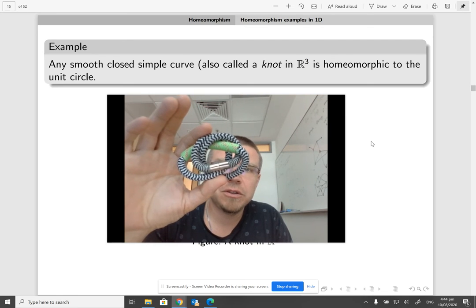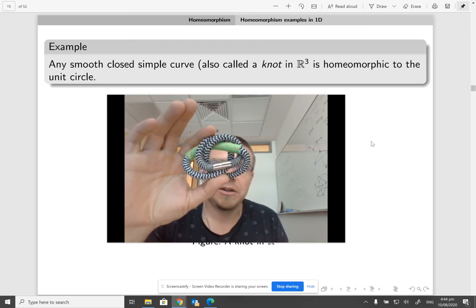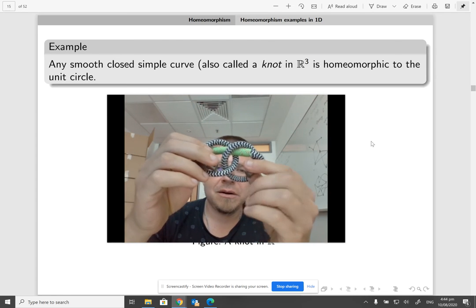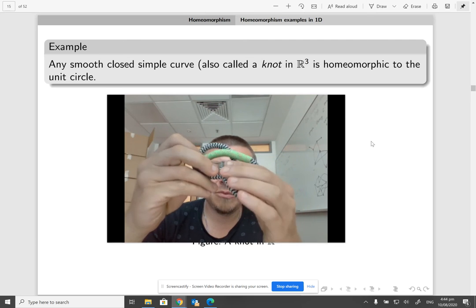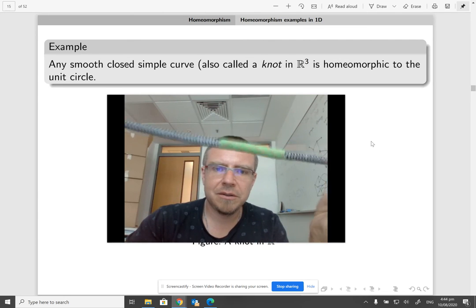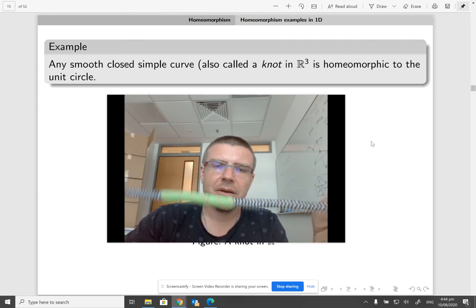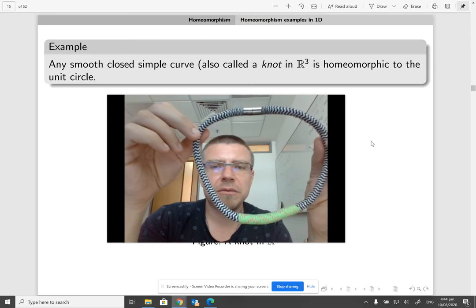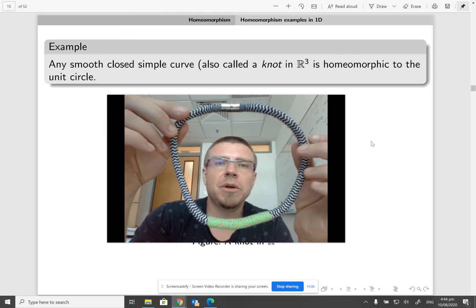So if we have a knot that looks like this, what we can do is undo it somewhere. Then we just untie it. And then we glue it back together, and we get a circle. So this is a homeomorphism, right?